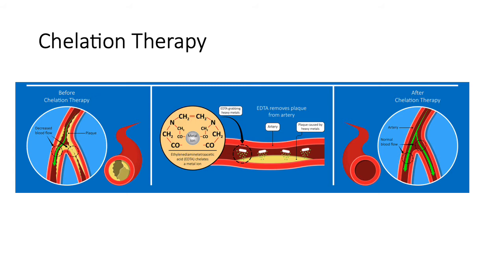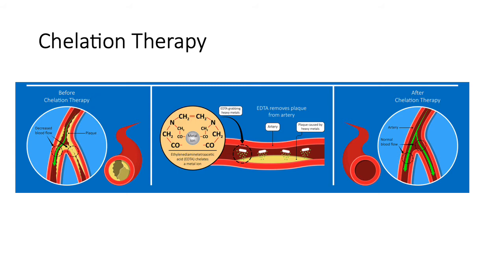So the example I've got on the slide is looking at using chelation therapy. Chelation therapy can essentially be conducted through an intravenous drip, and this allows the chemical substance to enter the blood circulation.